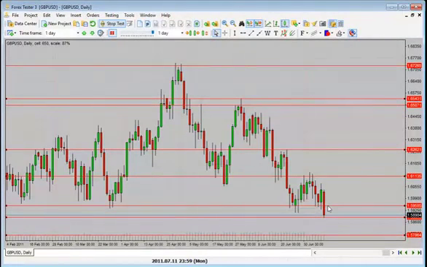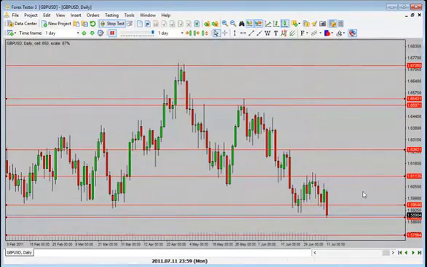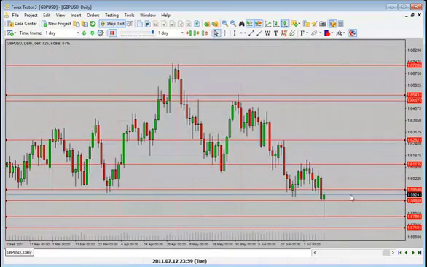It could go a little bit higher here, and then I'd be looking for a continuation move to the downside. So let's take a look. Okay, so it pulled back a bit, dropped all the way into the next level, and now we have a bullish pin bar here. Okay, so what next?